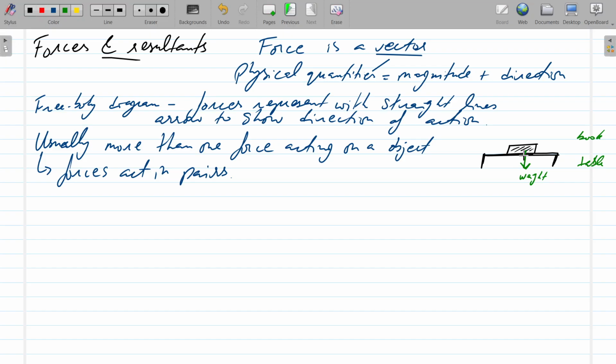The table is experiencing the weight of the book. And what's happening is that the table is exerting a force onto the book in the opposite direction.